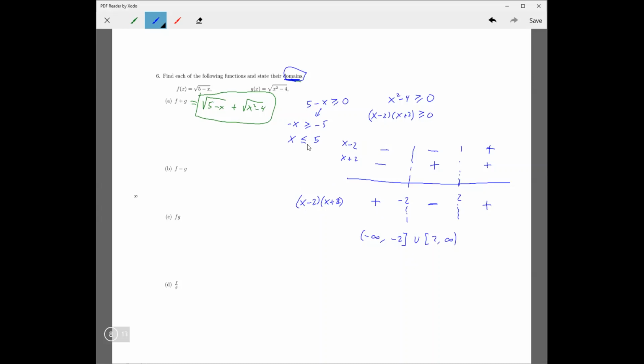Okay, so what you want to do, then, this one right here is from -infinity up to 5. So you want to take the intersection of those. If you intersect those, you're going to get from -infinity to -2, union from 2 to 5.